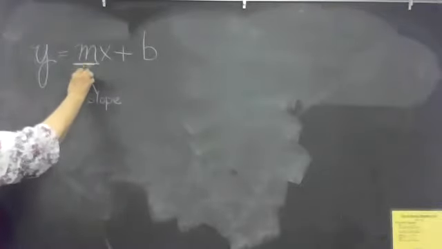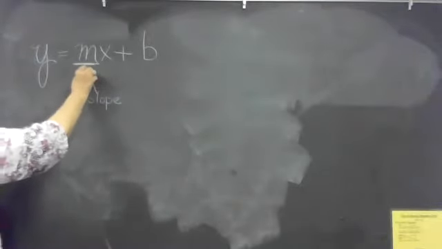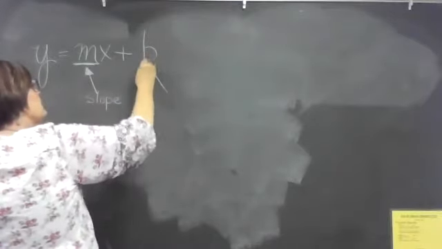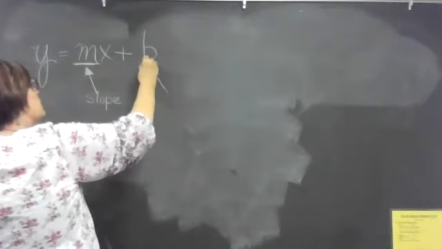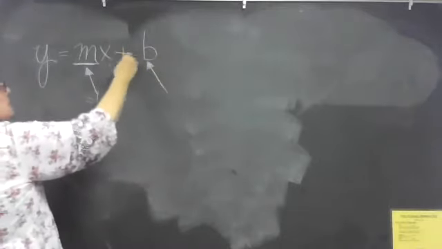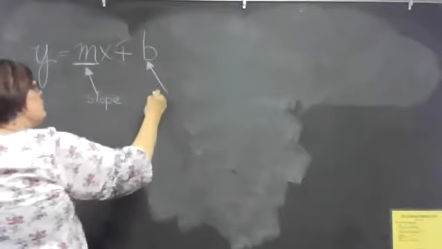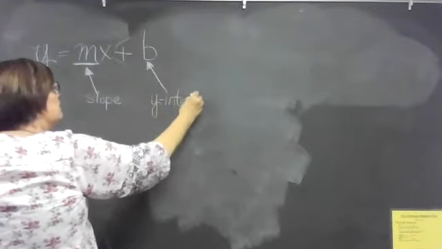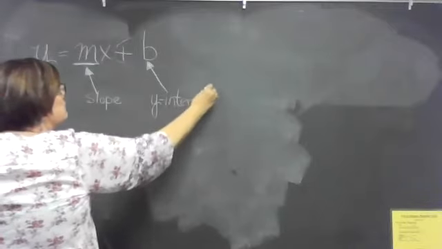I'm going to go ahead and tell you the other part of this, the b, and we'll use this later, but I want you to write it down. The b value, including its sign, will be the y-intercept. This is very important.